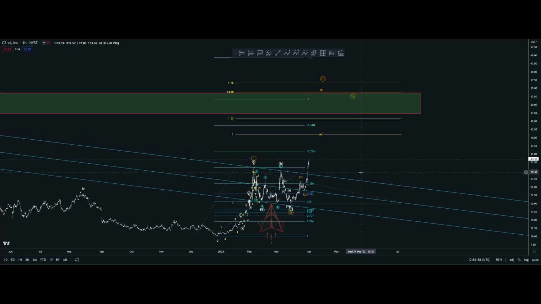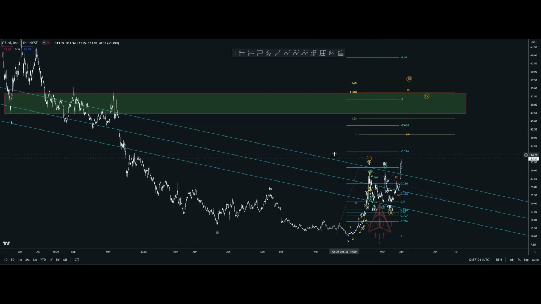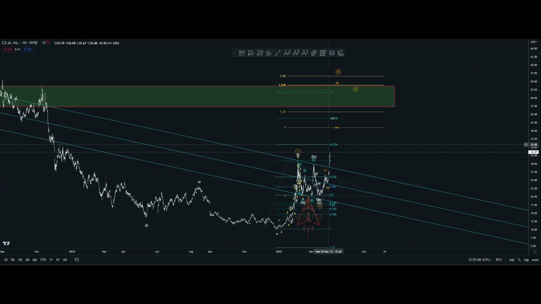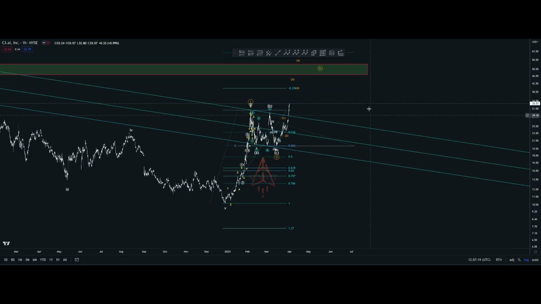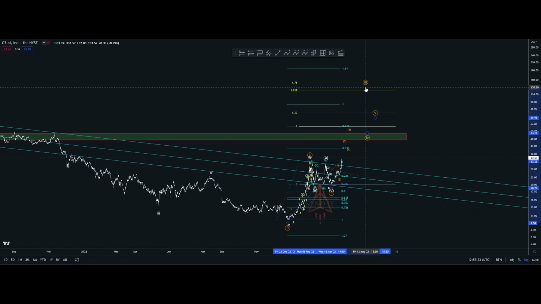Alright, so 1.618 falls somewhere on 53, 54. We have a strong area of resistance here, so the price action might have some complications when it comes here. But if it comes here, it's clear as day that this is a third wave. If you measure in log for your third wave, it goes all the way over here.